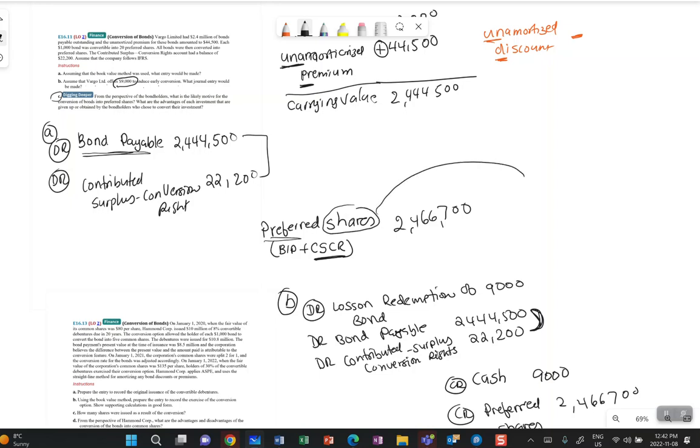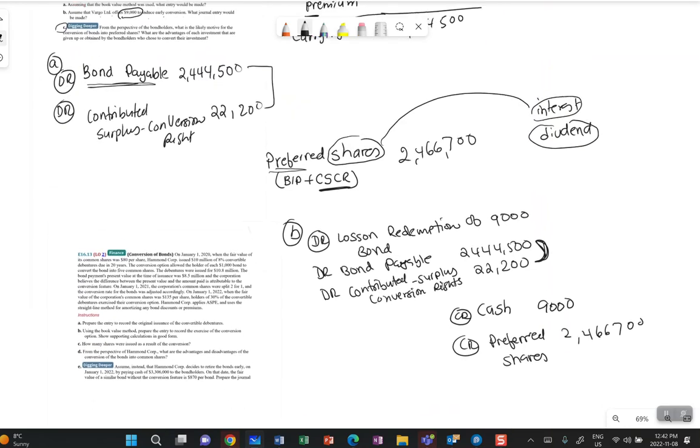Instead of getting interest from the company, you're going to get a dividend. Anytime the company issues a dividend, preferred shares get the first bit before it goes to the common shares. So that's what happens.